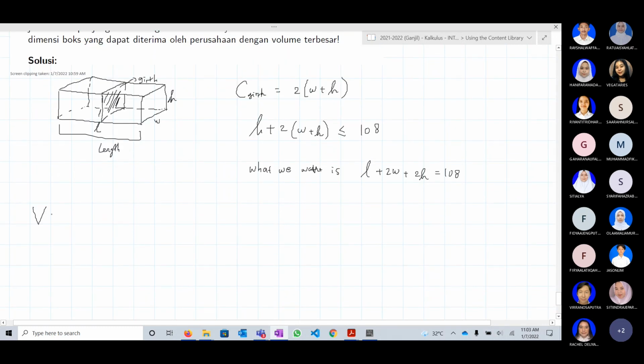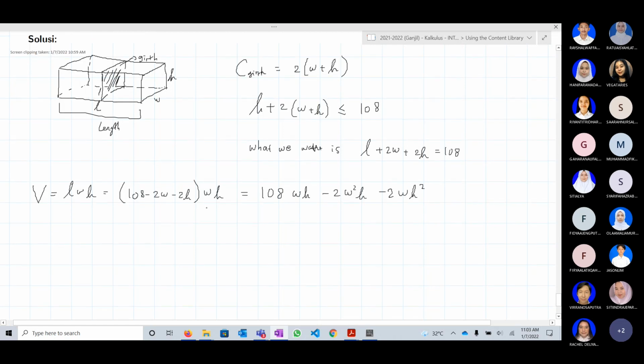And in this case, the volume is basically L times W times H, which is (108 minus 2W minus 2H) times WH, or 108WH minus 2W squared H minus 2WH squared.